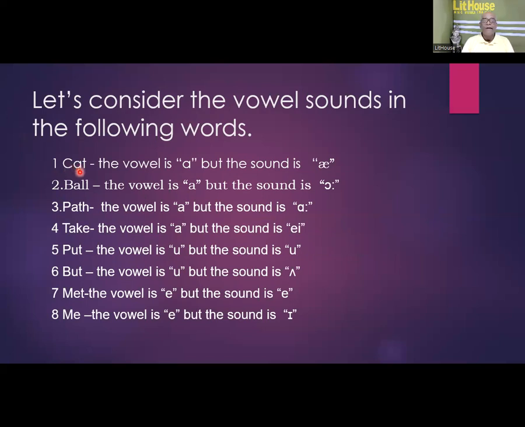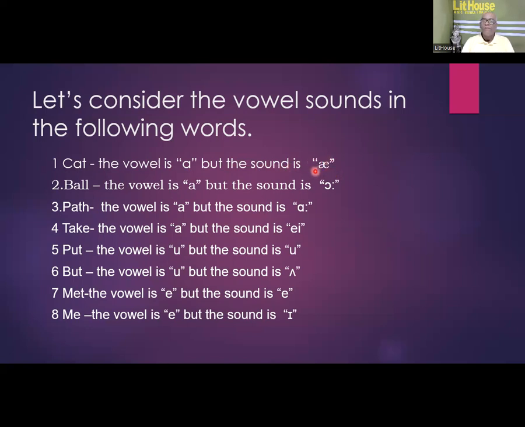There is the word cat. A very simple word. This word cat has 3 letters: C, A, T. In this word cat, there is one vowel letter. What is it? A.